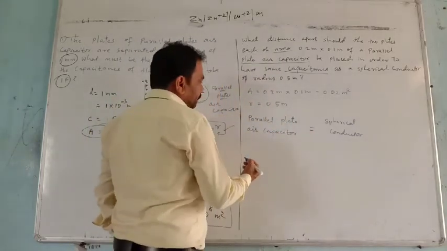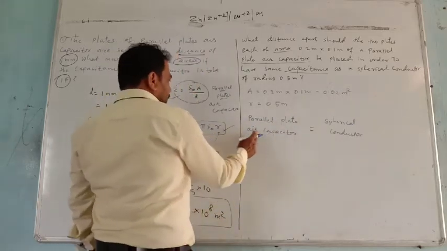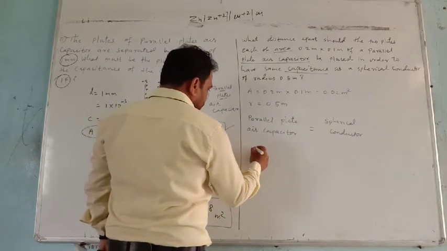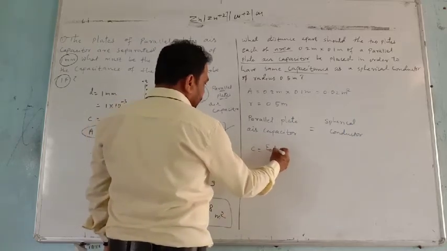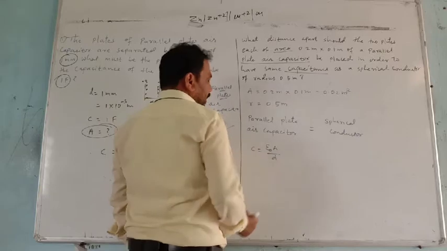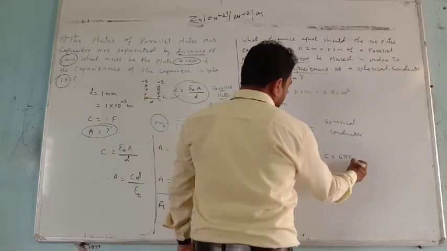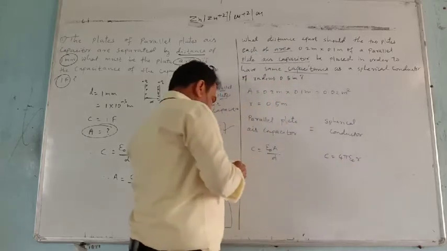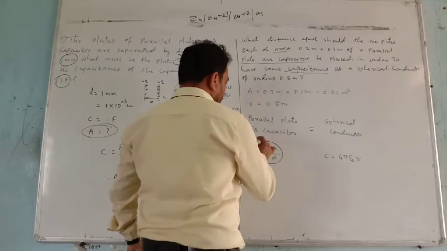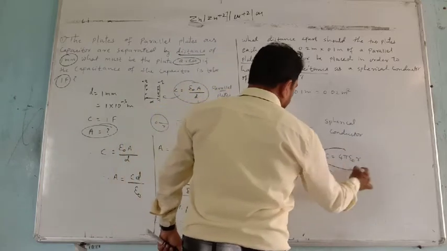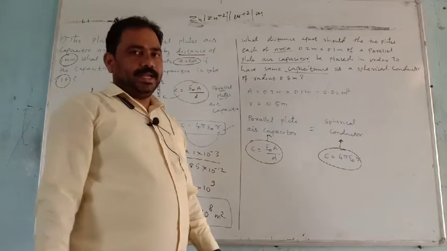For a parallel plate air condenser, C is equal to epsilon naught A upon D, and for a spherical condenser, C is equal to 4 pi epsilon naught into R. So this is the difference between the parallel plate air condenser and the spherical condenser.